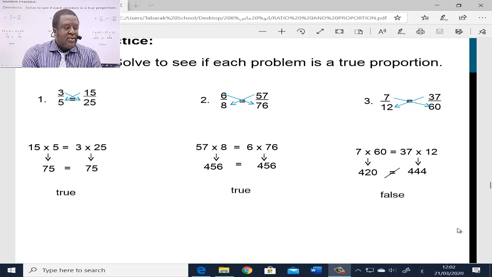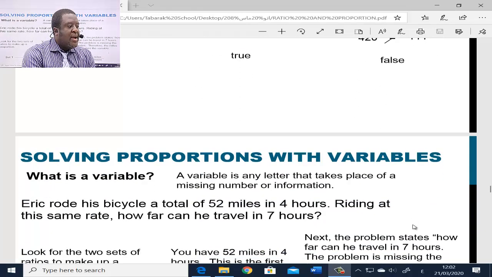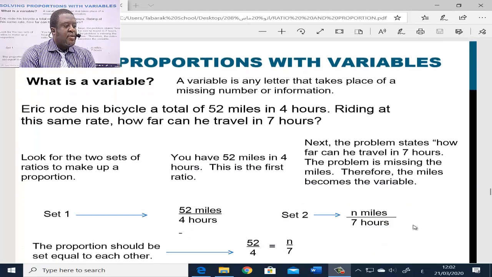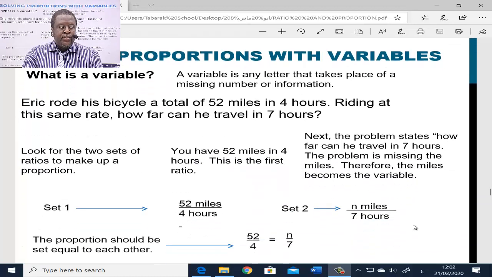In the second one too, we have 456 on the left-hand side and 456 on the right-hand side, which shows that we have a true proportion, but the third one is wrong. Why? Because on the left-hand side we have 420 and on the right-hand side we have 444.